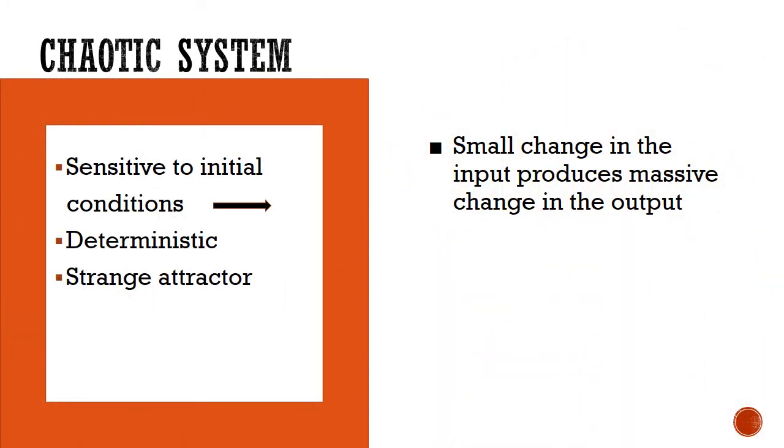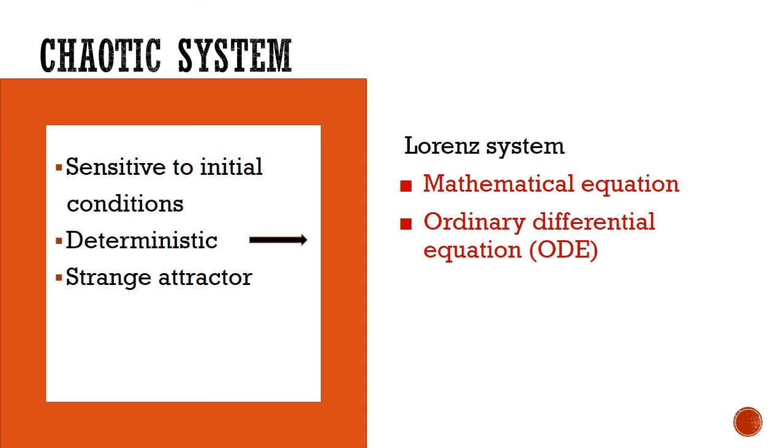Let us see the properties of the chaotic system. The first is sensitivity to initial conditions. That is, a very small change in the input produces exponential change in the output. Chaotic systems are deterministic. That is, it can be approached more systematically and can be modeled by mathematical equations and represented quantitatively.